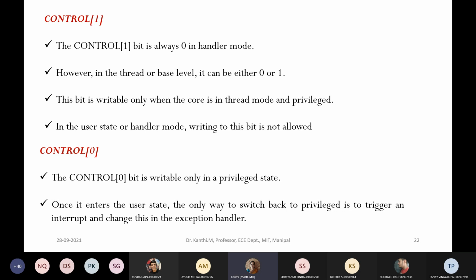This is just a detailing of the control bits of your special register. Control 1 is always 0 in the handler mode, as I have already shown. However, in the user level, it can be either 0 or 1.